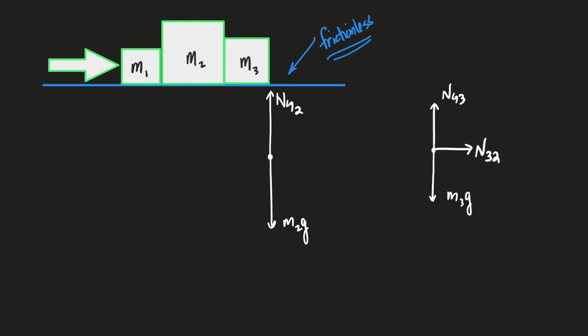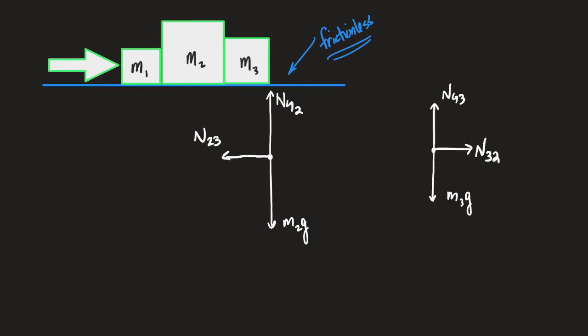And here's where I have this surface. We already used it once. That was the normal force on box 3 from box 2, which means there's got to be an equal and opposite force here. Normal force on box 2 from box 3. Those two forces form a Newton's third law pair. That is the action-reaction pair.